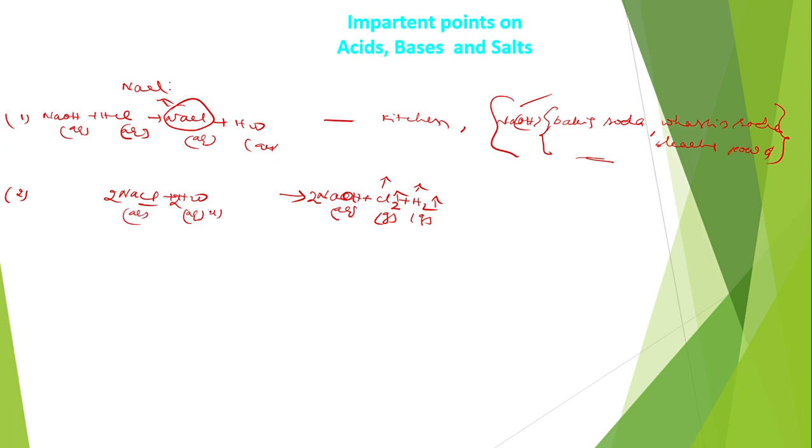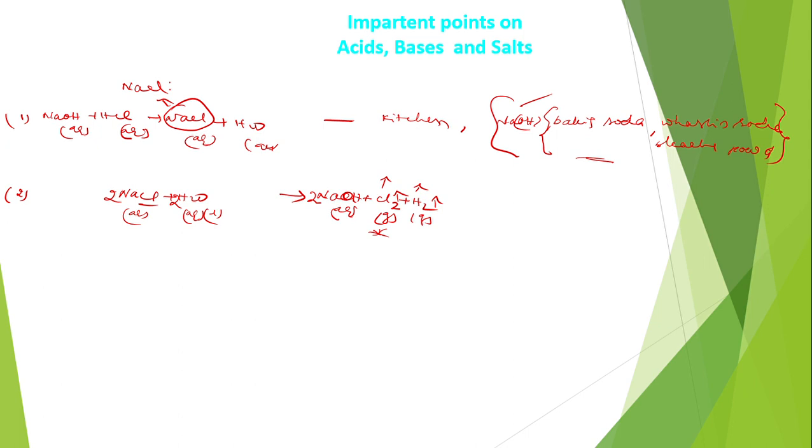Aqueous means this is liquid. See, chlorine, this is very, very important. They may ask in questions, examination. So it is used as a disinfectant. So hydrogen is used for fuels.